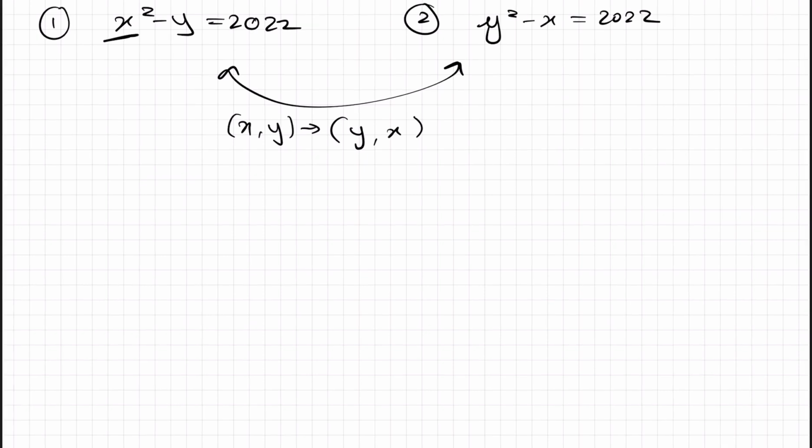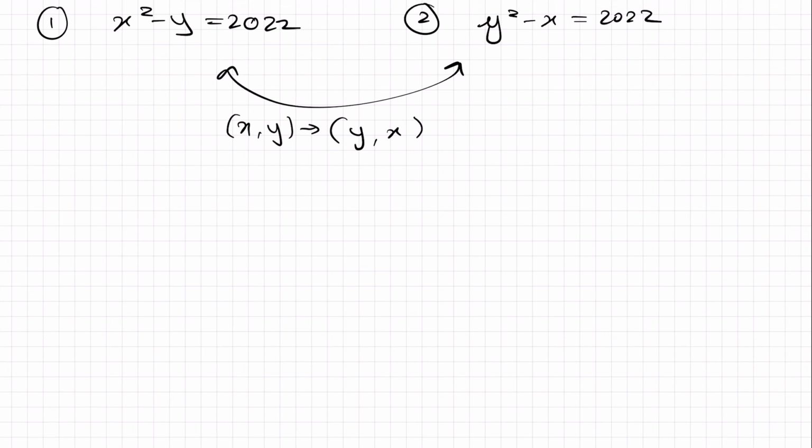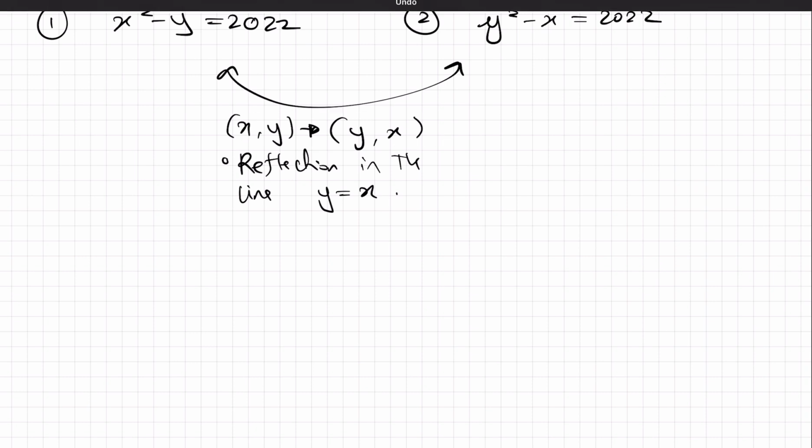Because we replace all the x's with y's and all the y's with x's. So this is the mapping, and this mapping is equivalent to a reflection in the line y equals x, which makes sense if you think about it, because when you're reflecting in the line y equals x, you're just swapping the x and y coordinates. So that's how you end up with this.